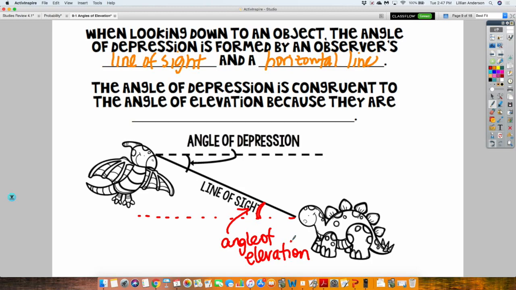Why are they the same angle? They are parallel lines. What types of angles are these? Not acute. What were they called? They are part of a transversal. That transversal would be the line of sight between the two dinosaurs. There goes the star. Yes, alternate interior angles.